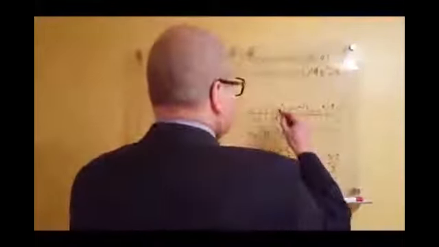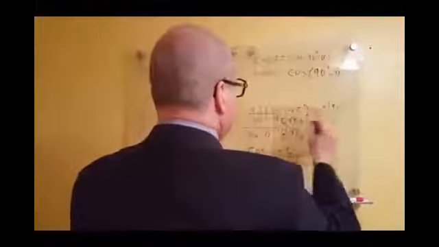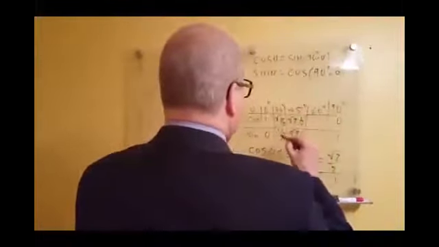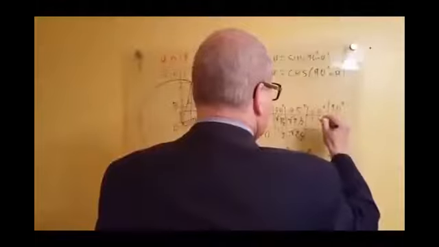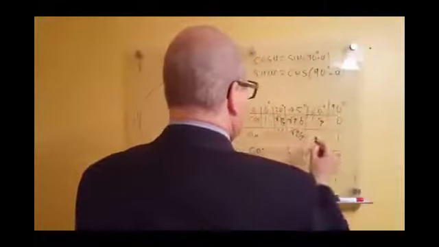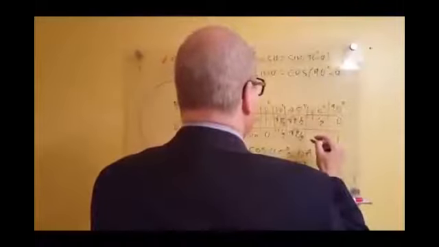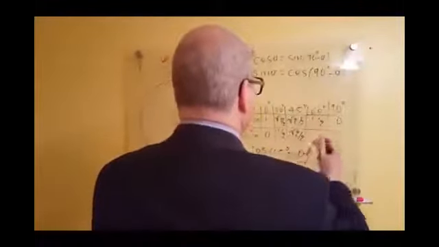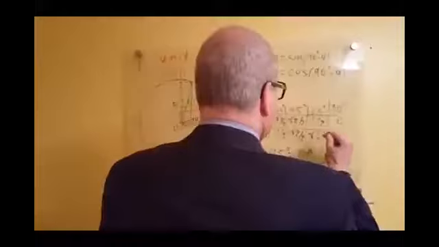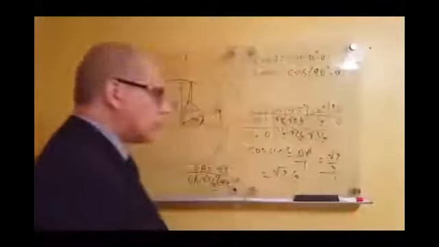That means that the cos of 60 will be the sine of 30, so that should be 1/2, and the sine of 60 will be the cos of 30, which will be square root of 3/2.